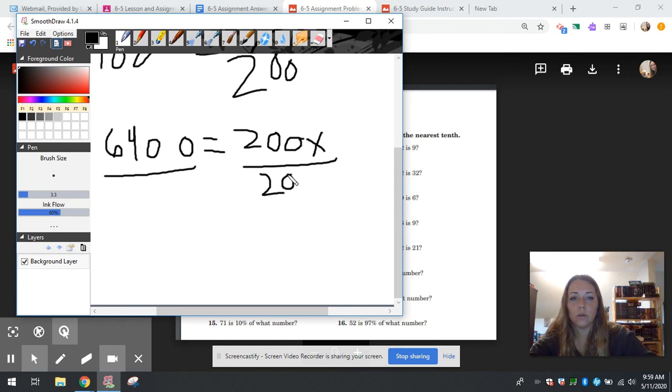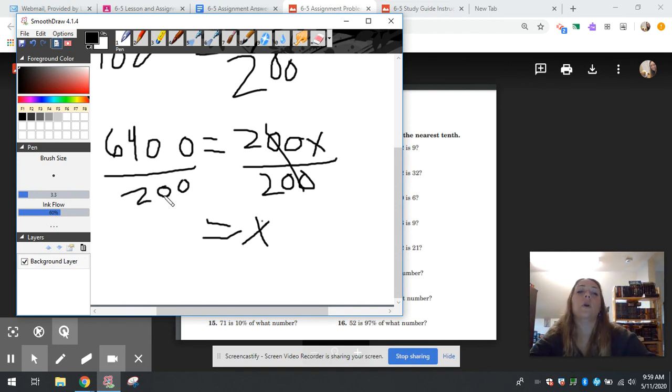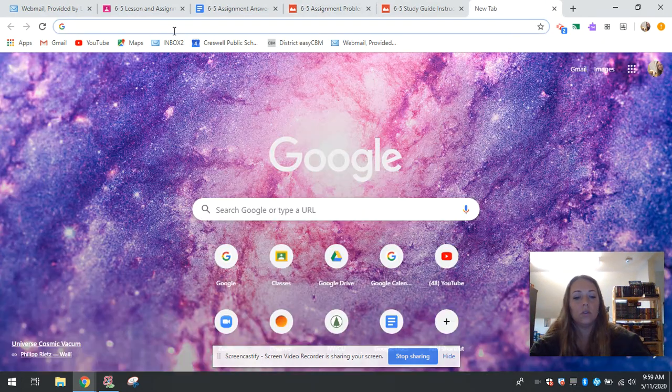Divide by 200 on both sides. You can use a calculator if you want to. That cancels because it essentially equals 1 times x, and that's the same as just x. 1 times any number is just that number. And then 6,400 divided by 200 is 32. Double check.